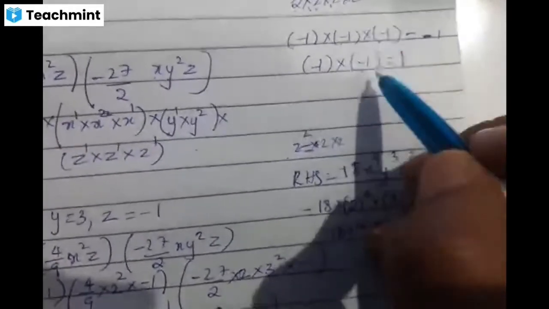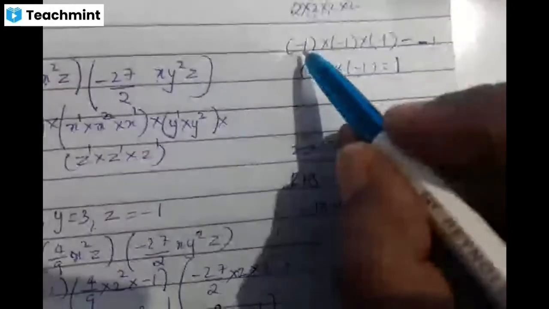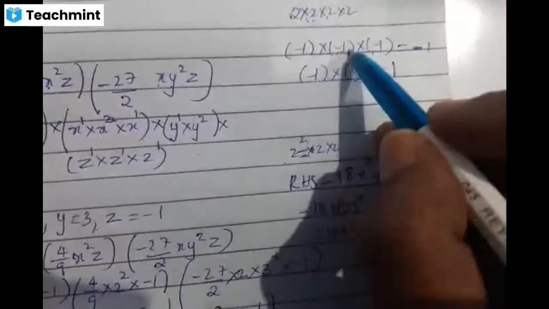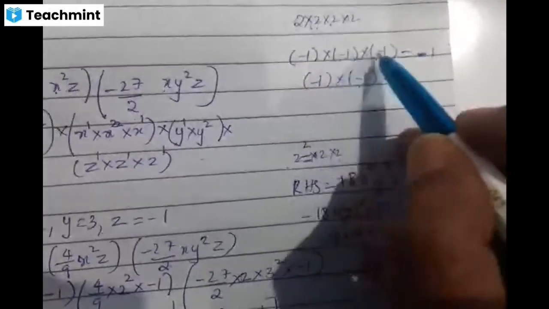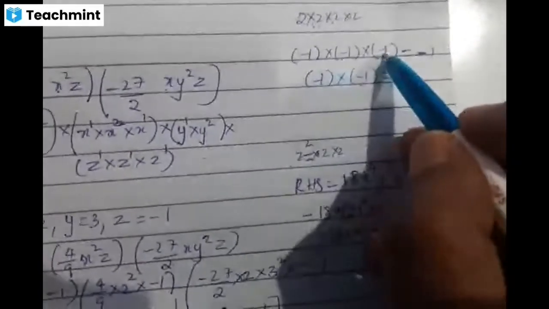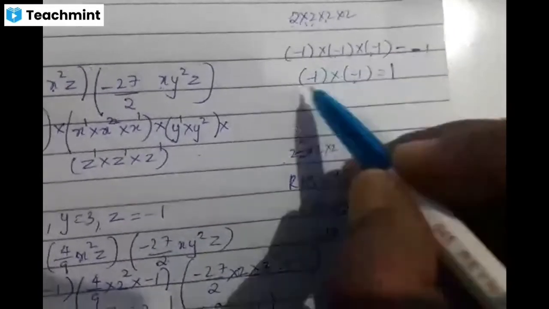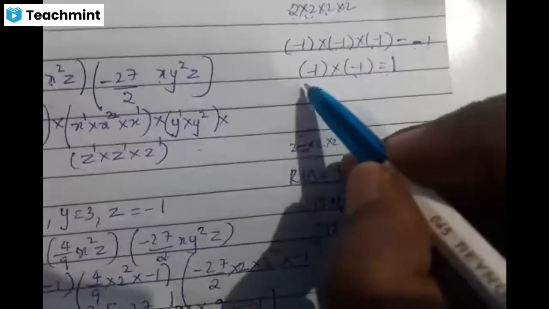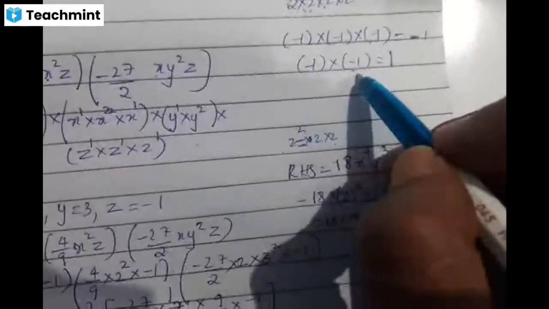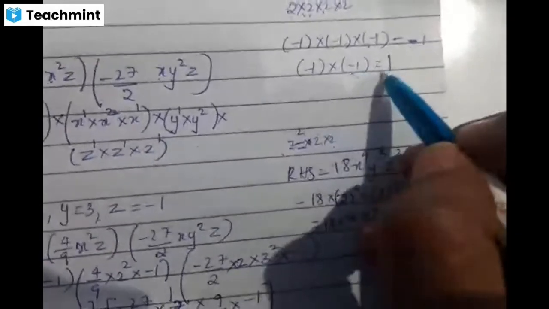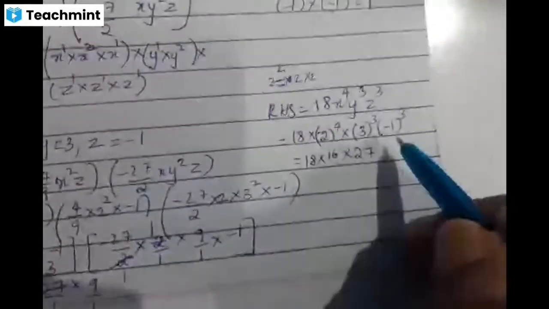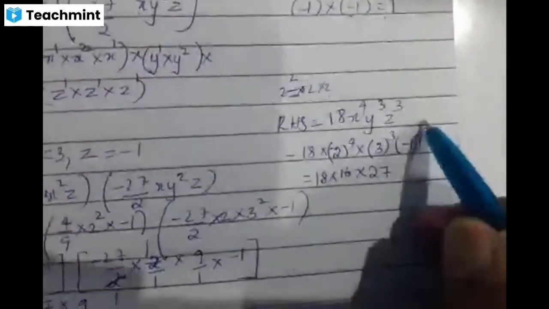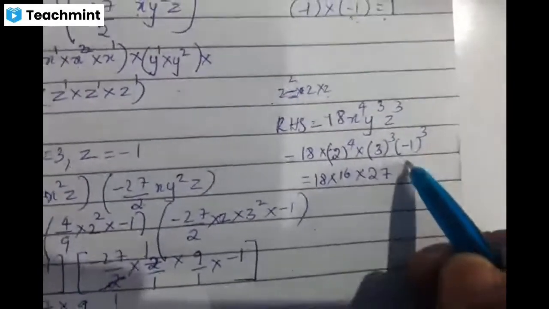So what we understand here, if the number of times minus sign is multiplied is an odd number of times, 3 is odd, so the answer will be negative. If the minus sign is multiplied an even number of times, that is here 2 times we are going to multiply minus sign, we get a plus. So by observing the power only, we can guess whether the answer will be minus or plus here.